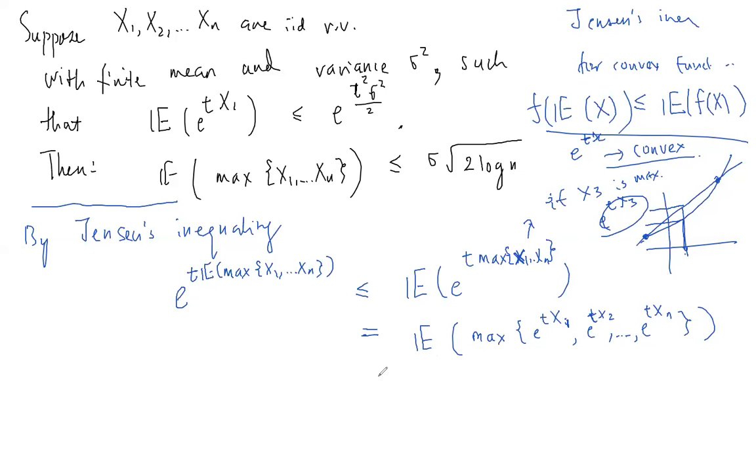And then I further claim that this is bounded by the following. This bound is actually not hard to understand, because the max of x1 until xn is only one of the possible values, either one of x1 until xn.